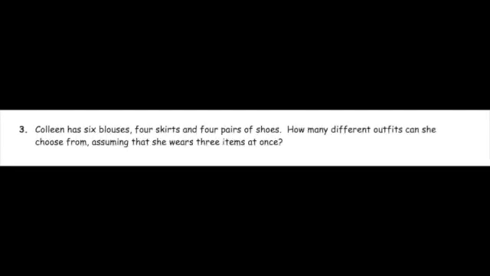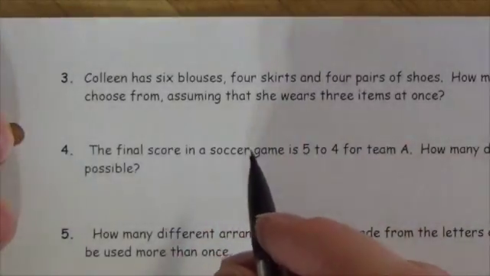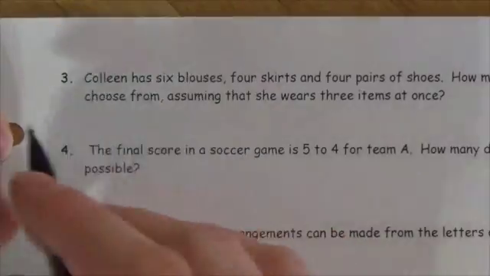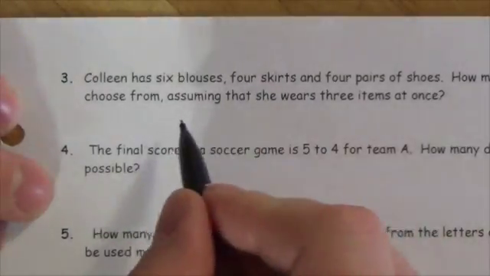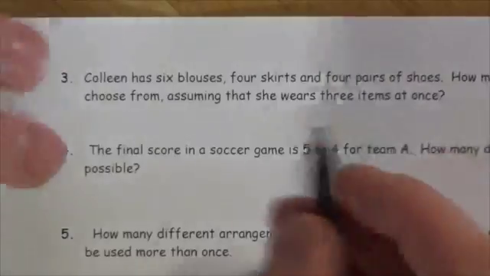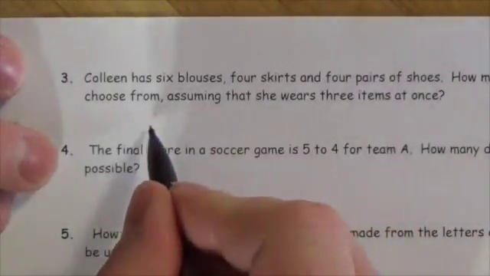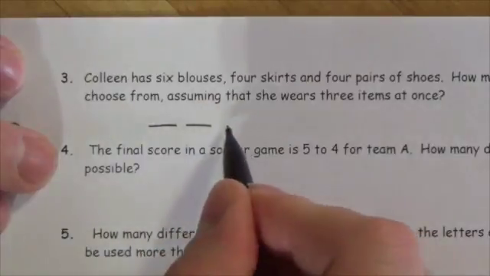Colleen has 6 blouses, 4 skirts, and 4 pairs of shoes. How many different outfits can she choose from, assuming that she wears 3 items at once? Oh, it looks like I should have looked ahead before I used that initial outfit example. So Colleen's got 6 blouses to choose from, 4 skirts, and 4 pairs of shoes. A complete outfit here is going to consist of 3 different parts: the blouse, the skirt, the shoes.